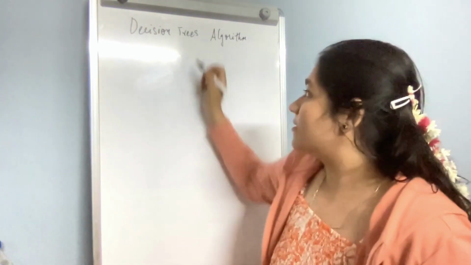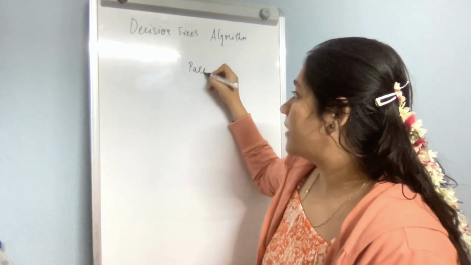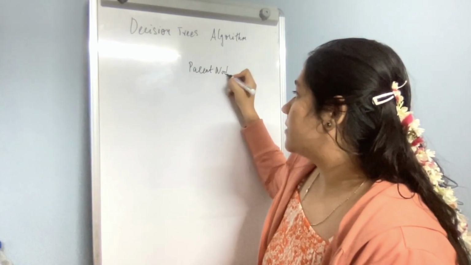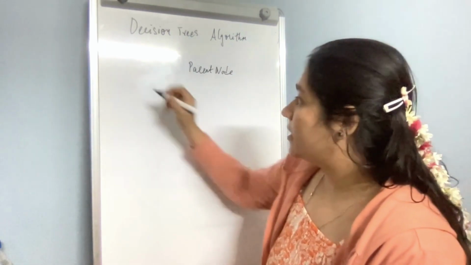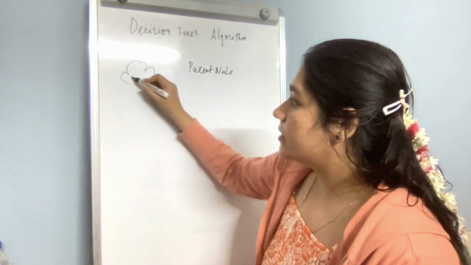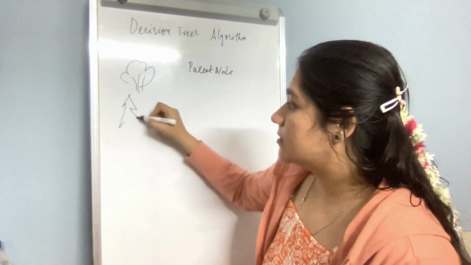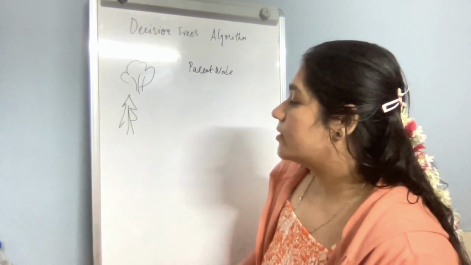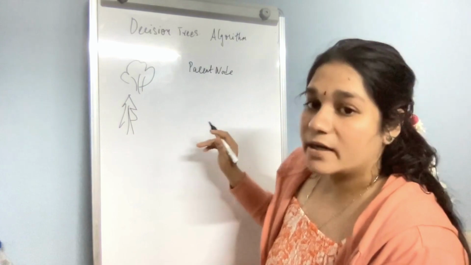In this particular algorithm, we have a parent node, and you also have different levels for each tree. Normally trees can be like this, or like a Christmas tree. Usually the decision tree is level by level.